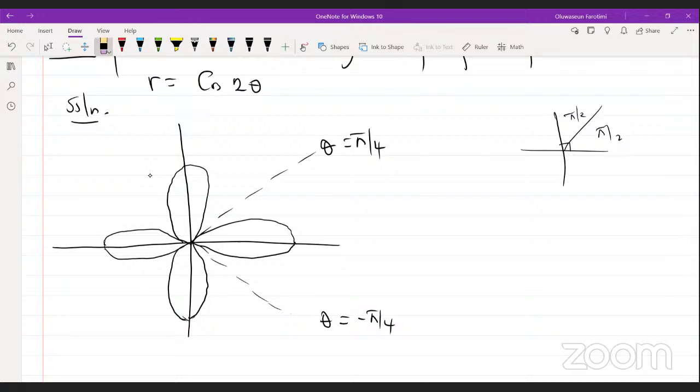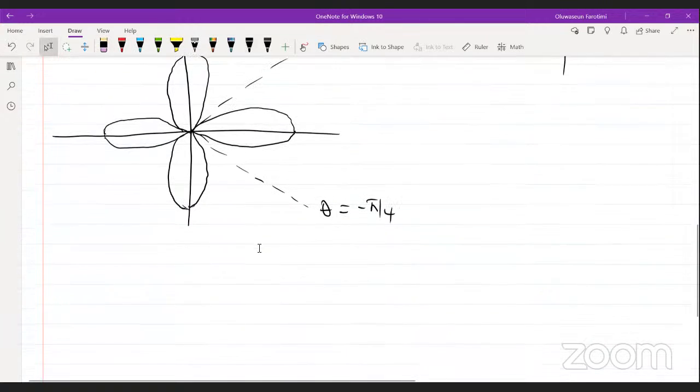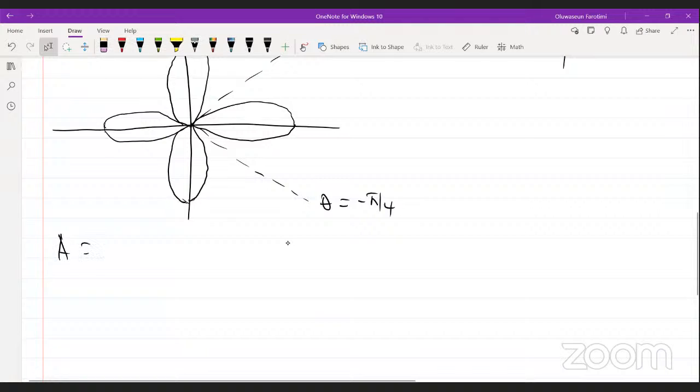Again, that is just one loop, so it's enclosed from negative pi over 4 to positive pi over 4. Keep that in mind. My area is the integral from negative pi over 4 to positive pi over 4 of 1/2 r squared d theta.